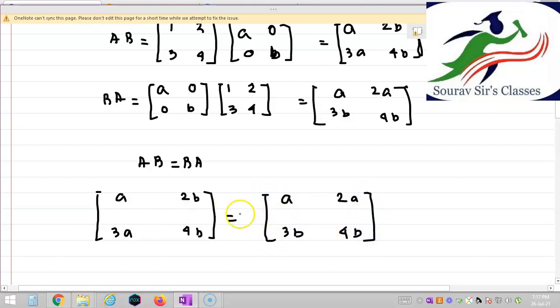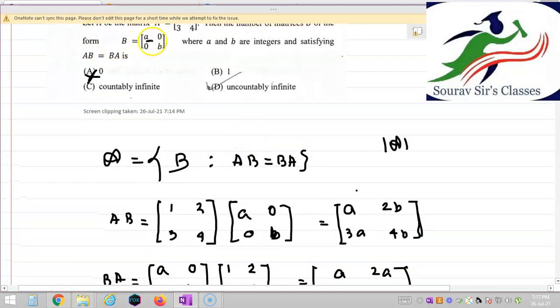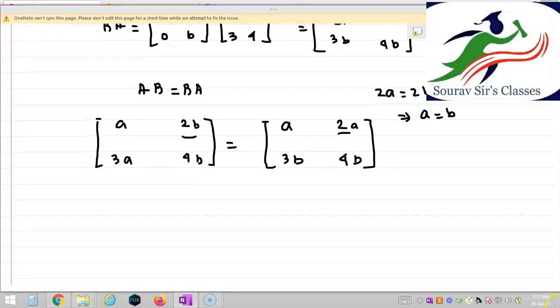So if these two matrices are same, then this element is equal to this element. So I can say 2a is equal to 2b. It does imply a is equal to b. So AB is equal to BA holds whenever this element a is equal to this element b.